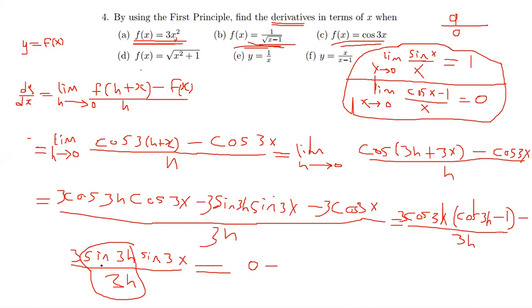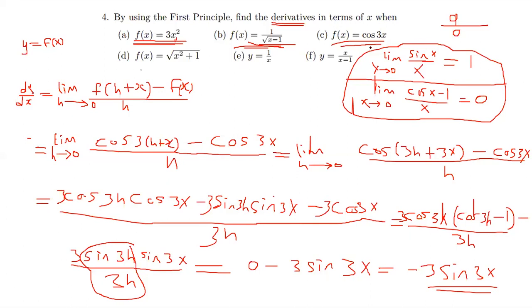So on this part, I can replace with 1. So 1 times 3 times sine 3x, I'm just going to get 3 sine 3x, which gives me my derivative to be just negative 3 sine 3x. So the derivative of cos 3x using the first principle is nothing but negative 3 sine 3x.